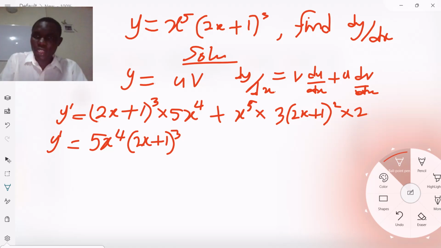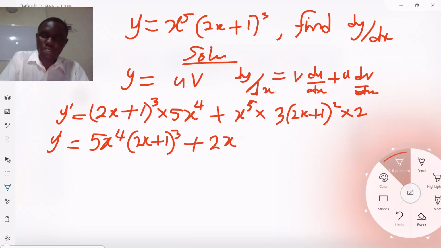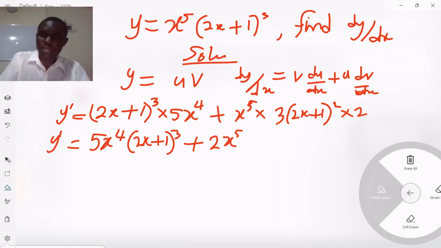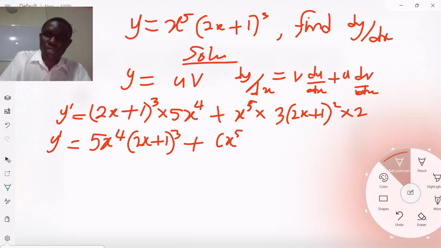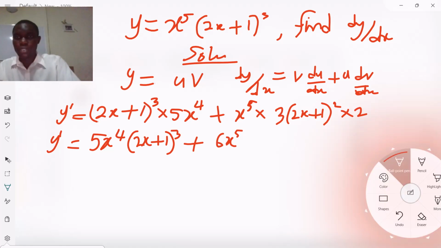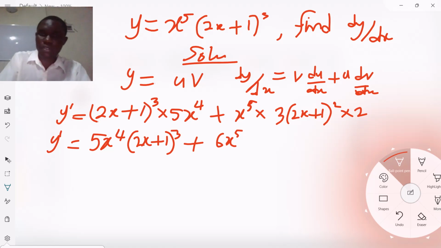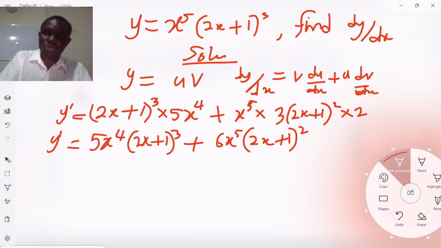Then on this side I will have plus 2x raised to power 5. In fact, it's 6 because there's 3 here also. This is 6. 6x raised to power 5 into (2x plus 1) raised to power 2.